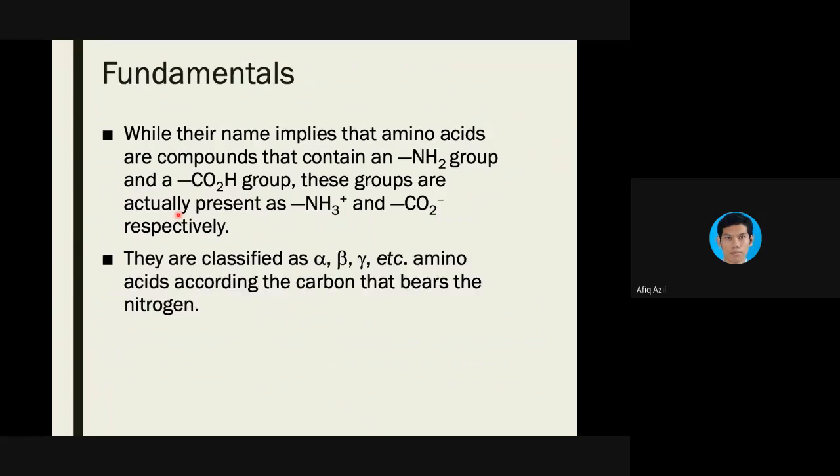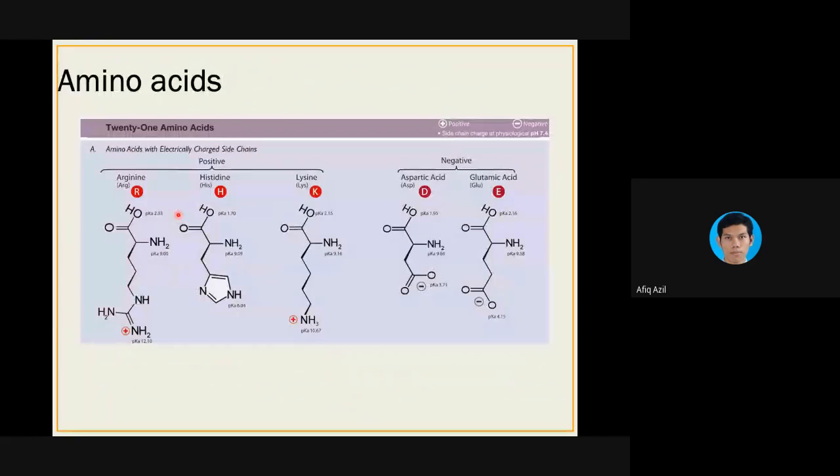So the first is classified as amino acid with electrically charged side chain. This is the carboxylic acid part, and this is the amino group side. Whatever is in between is considered to be the side chain. So this is the side chain, this is the side chain, this is the side chain.